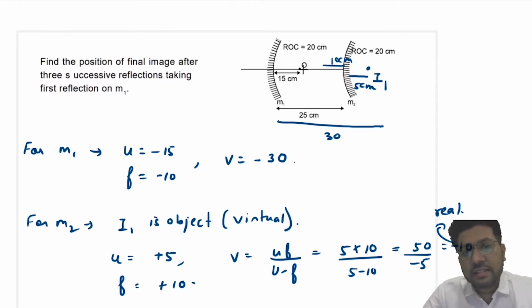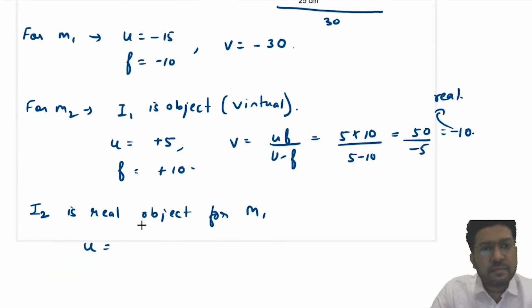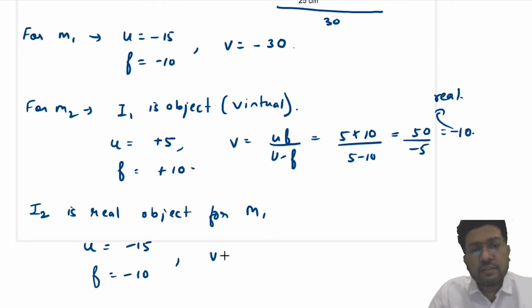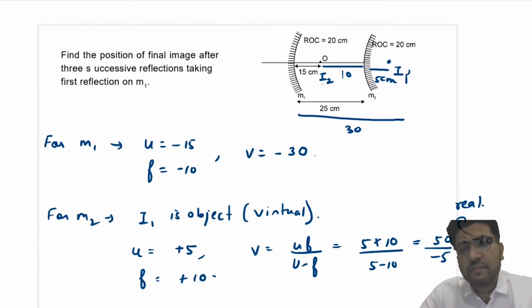So I'll say this is I2. Now this distance is again 15 centimeter, so the object distance is again 15 centimeter. Focus is again minus 10. So this time again you will get v is equal to minus 30 when you solve using the mirror formula. So that means this is the position of the image 3 as well.